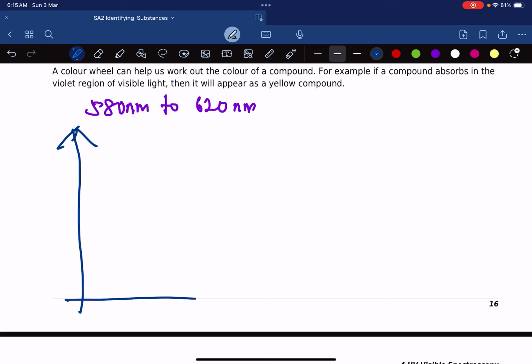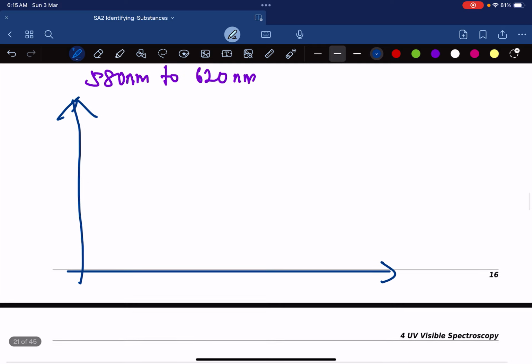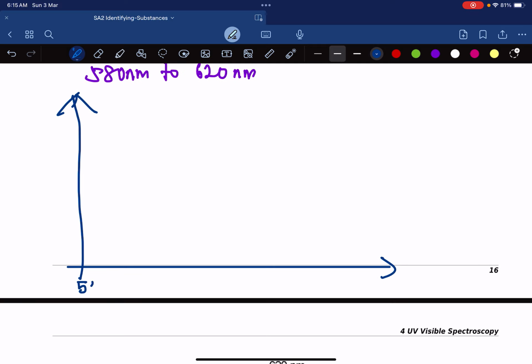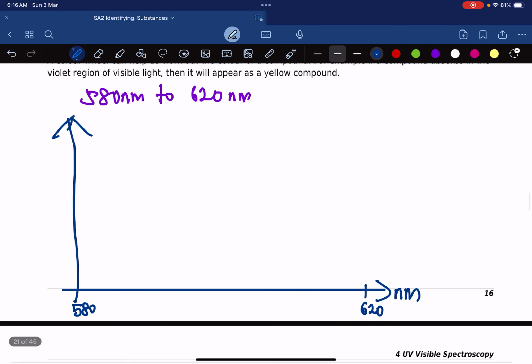Let's say we start from 580 here, and end at 620 here, and we pass all of the wavelengths from 580 nanometers all the way to 620 nanometers. We might get a graph that looks something like this.